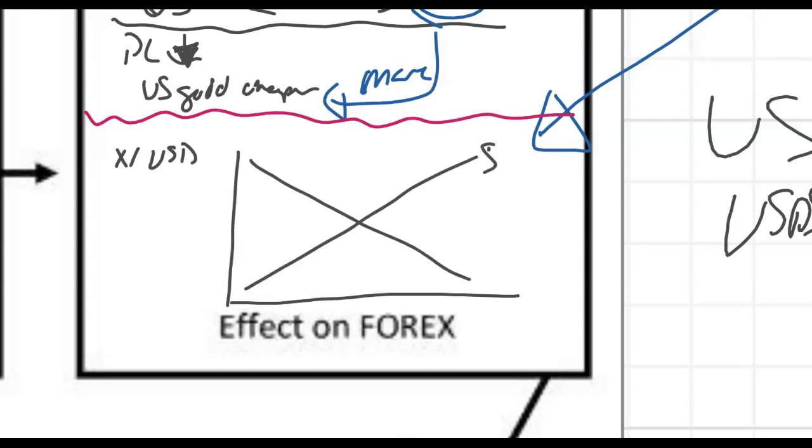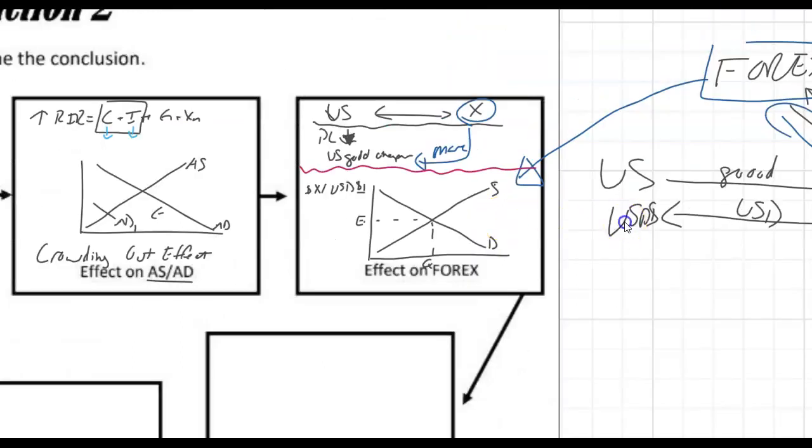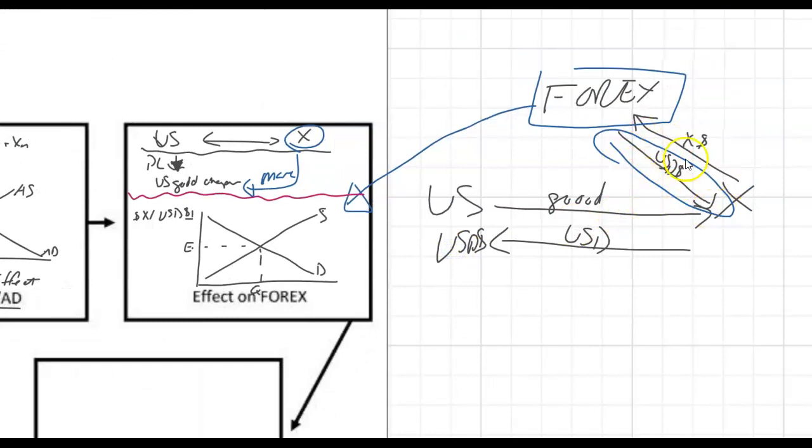So we've got our supply and our demand. You can say E for exchange rate, and that's going to be X per US dollar, typically 1 US dollar. How many units of currency X does it take to buy 1 US dollar? And this is the quantity down here. Now, what did we say? We said there is going to be an increase in demand for the US dollar.